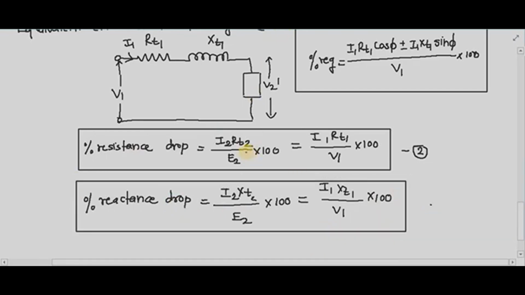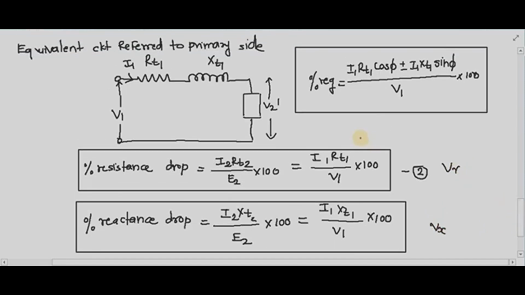So let us call the resistive drop VR and the reactive drop Vx. This is the percentage resistive drop VR, and this one is your percentage reactive drop Vx.